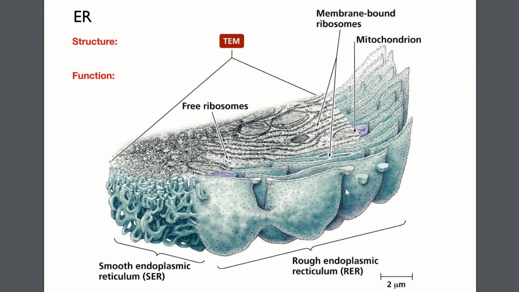So that's what ribosomes do, and rough ER synthesizes proteins. Now you can guess why the ribosome is there, because without ribosomes, it's impossible to synthesize protein. But SER doesn't have ribosomes, and since it doesn't have them, it synthesizes fats and lipids. All these products, when they're synthesized, are sent off to the Golgi body.